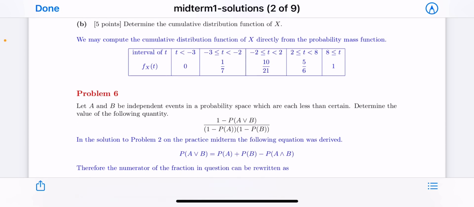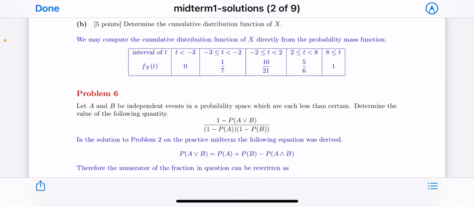Okay, so now we have this problem 6, where it says, let A and B be independent events in a probability space which are each less than certain. Determine the value of the following quantity. So if I were looking at this question, I would be like, wow, there isn't much information here.